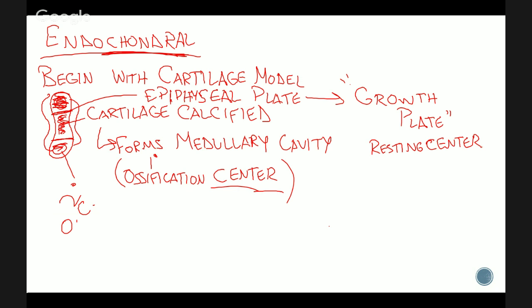The cartilage is doing nothing, right? Then below that we have what? Area where the cartilage is undergoing mitosis, right? And we have more cartilage cells.